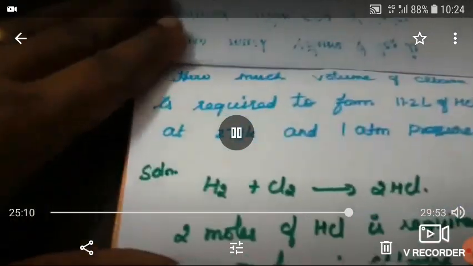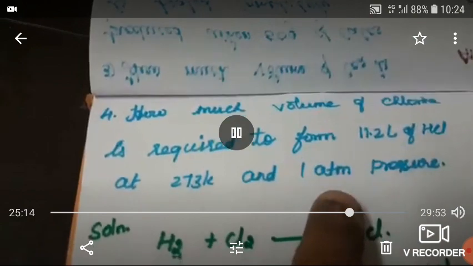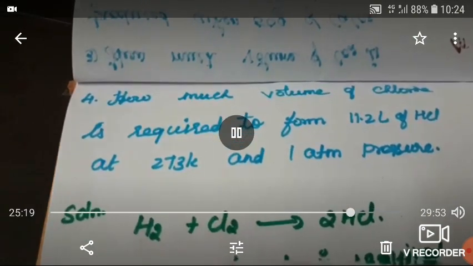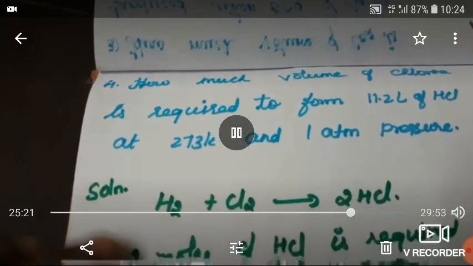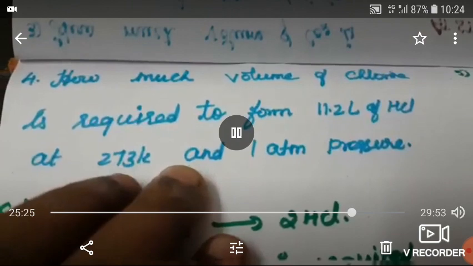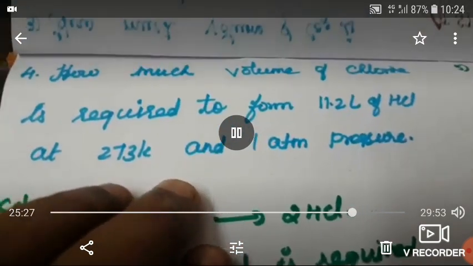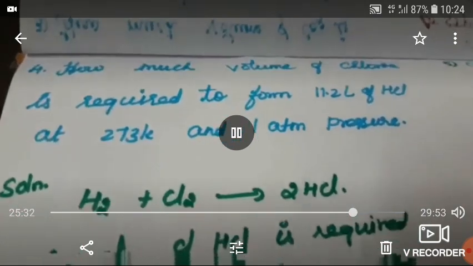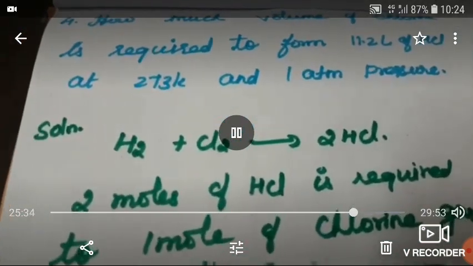Okay, so next one: how much volume of chlorine is required to form 11.2 liter of HCl at 273 Kelvin and 1 atmospheric pressure? At STP, first you write hydrogen and chlorine forming hydrochloric acid.